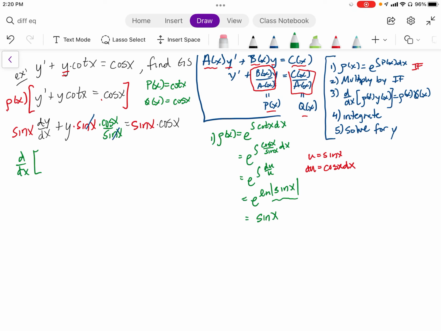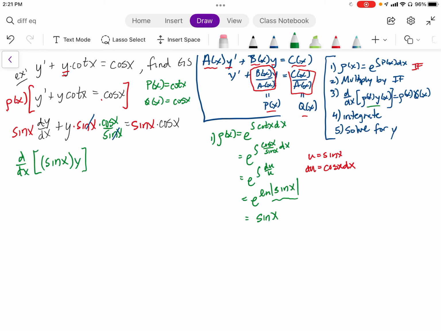So rho was sine of x, and then times y. Only to stick with this notation on the right over there, I will go ahead and write it. I would really prefer to write the y in front like we have been, but that's okay.